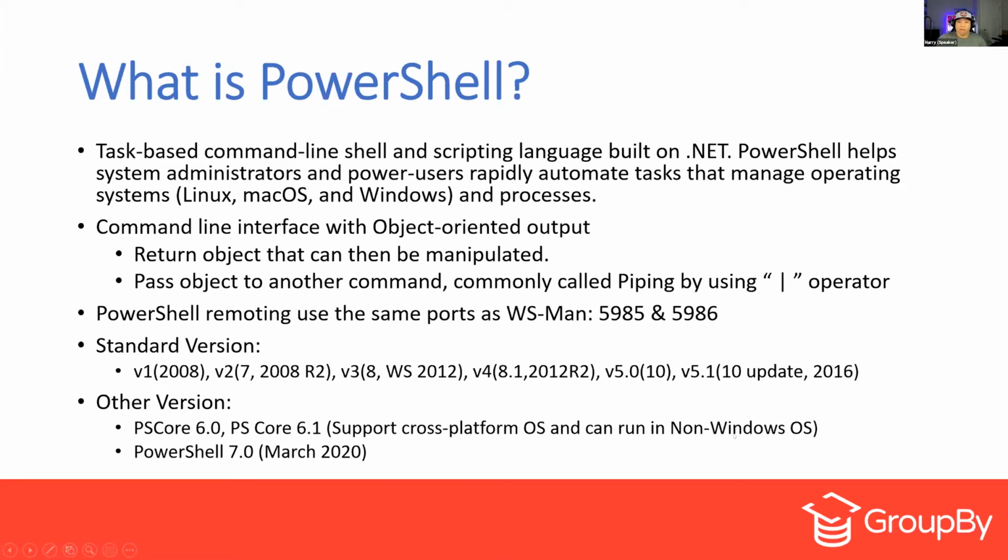There's a list out there; a quick Google will take you to which other operating systems are supported, like Mac and Linux, right? As of March 2020, PowerShell 7.0 comes out. There was a question before: can you run multiple versions of Windows PowerShell? The answer is yes. You just have to be careful, because certain commands can only run on PowerShell 7.0 and can't run on 5.1, for example. Okay, so let's continue.